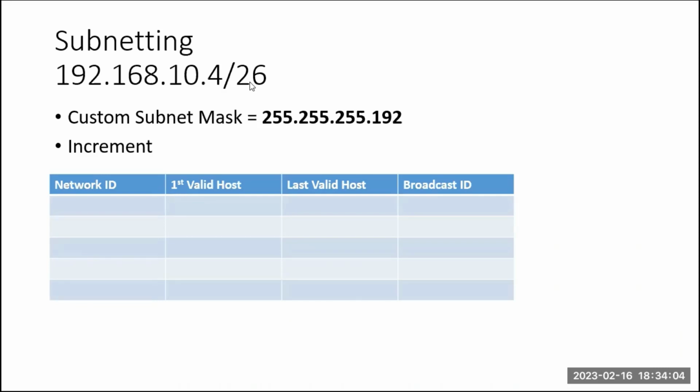What does /26 stand for? 26 bits. So with the first 26 bits on, which number do we get? We add 8 ones in the first octet, another 8 ones, another 8 ones, and then in the last one, 2 ones followed by 6 zeros. That's how we got the 192 at the end.